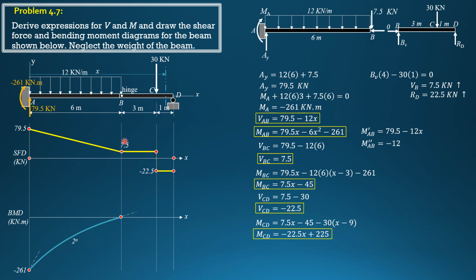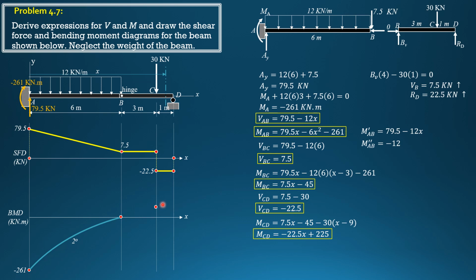When x is 6, it is 0. And when x is 9 at C, 7.5 times 9 minus 45, it should give us 22.5. So that's 22.5.